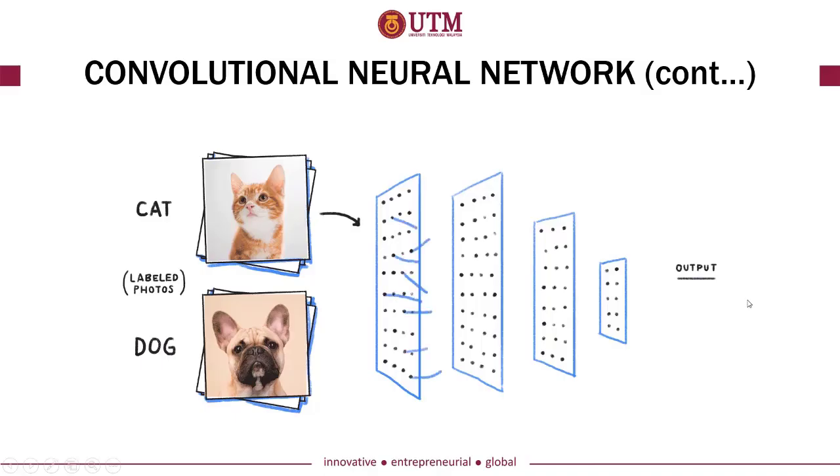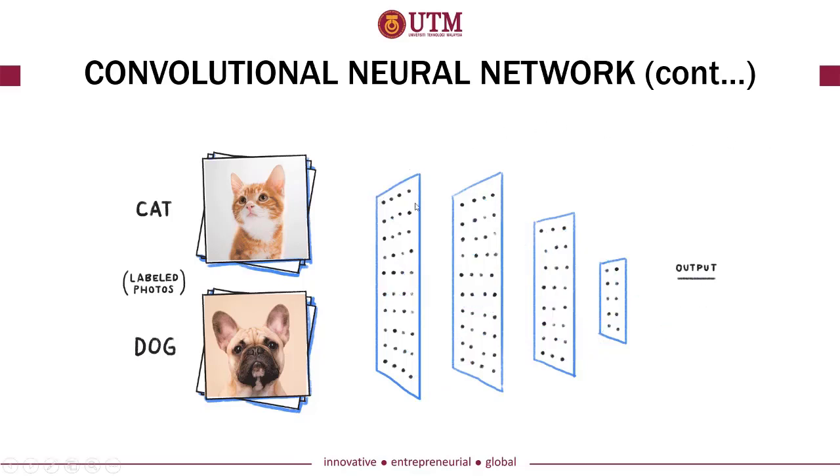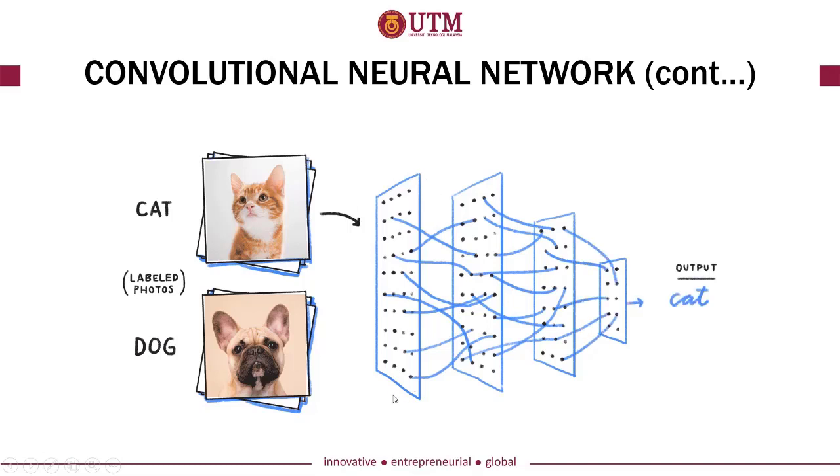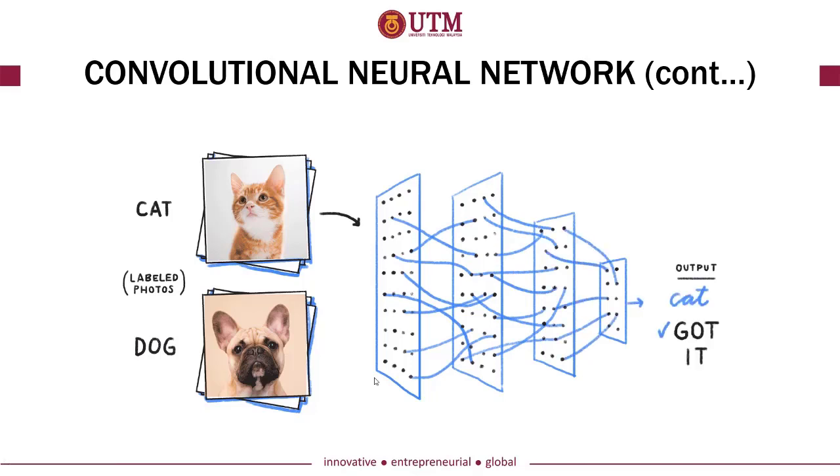Okay, so in other words, this animation shows how the neural network works. Now you can see that we don't draw the neurons in a circle shape anymore, because it's in 2D, so it's very hard to draw.